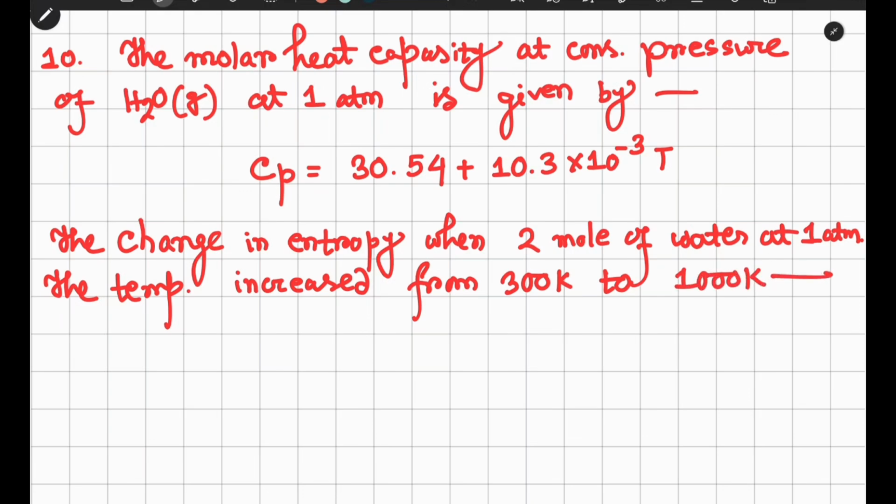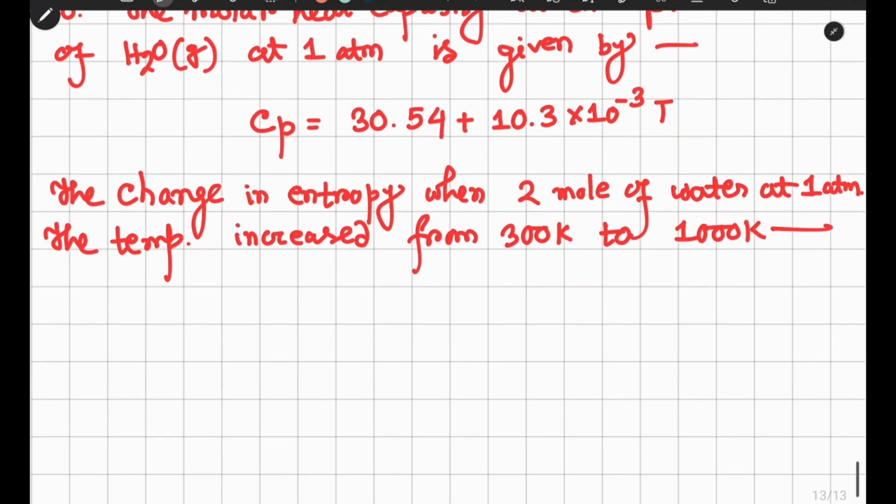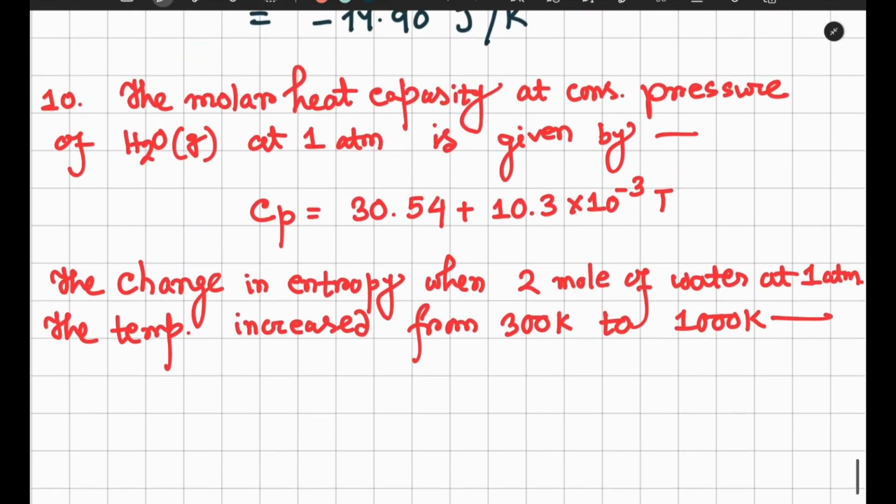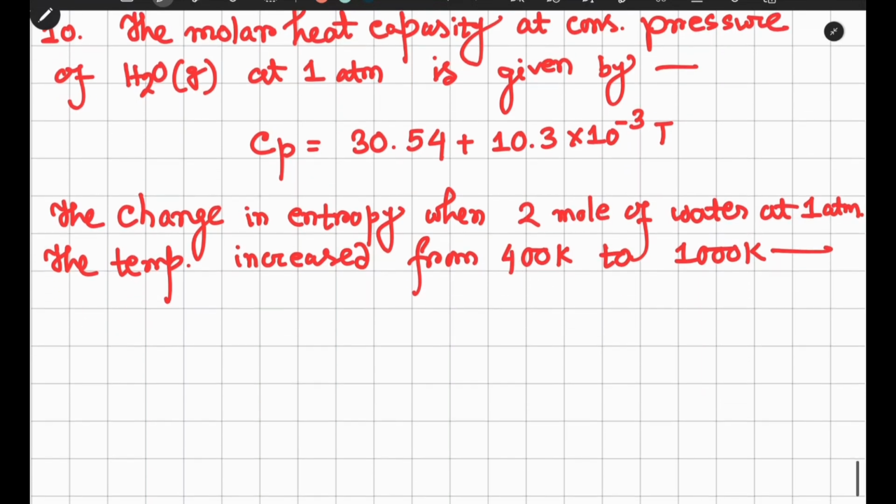Now we have to calculate it. Okay, so here it's clear that temperature is being changed and it is the H2O gas. Okay, let's say 400 Kelvin to 1000 Kelvin.